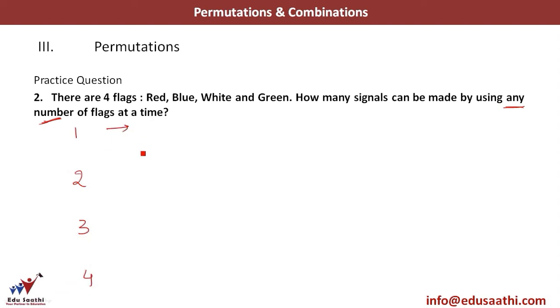If I choose one flag, how many signals can I make? Out of four flags, I have to choose one flag. So 4P1 is how much? 4 factorial by (4 minus 1) factorial, which gives me 4 factorial by 3 factorial, which is nothing but 4, which is also very intuitive, because if I have to choose one flag out of 4, in how many ways can I do that?